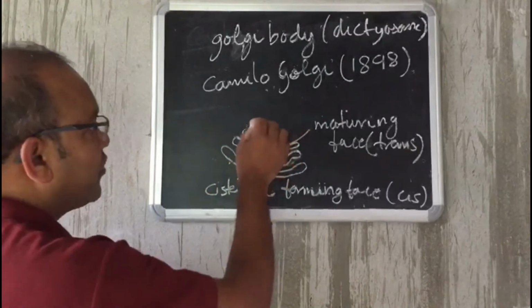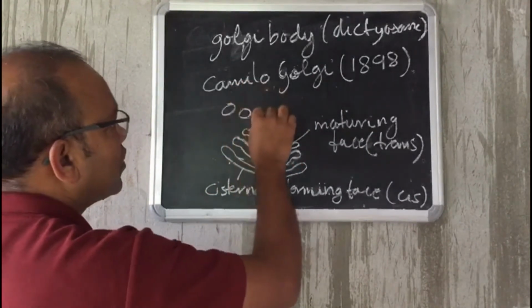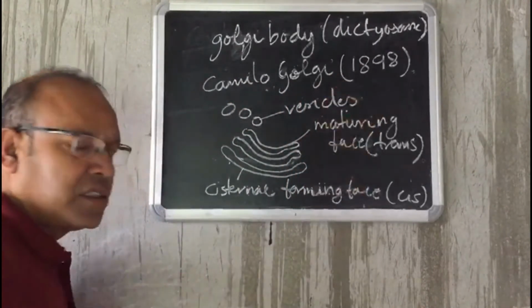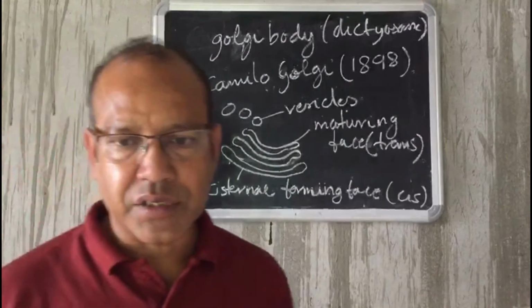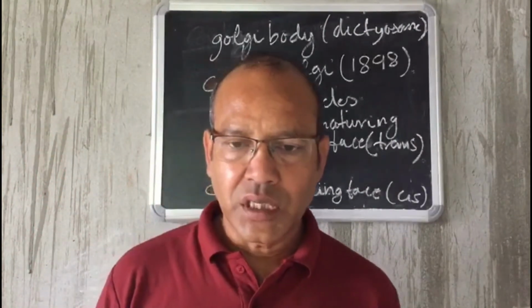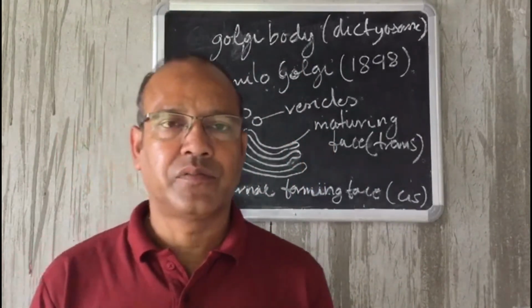Now from the maturing face, a number of small packets arise. These are known as the vesicles. The function of the Golgi body is basically packaging.